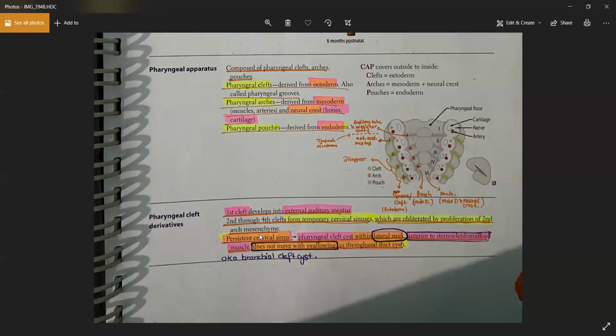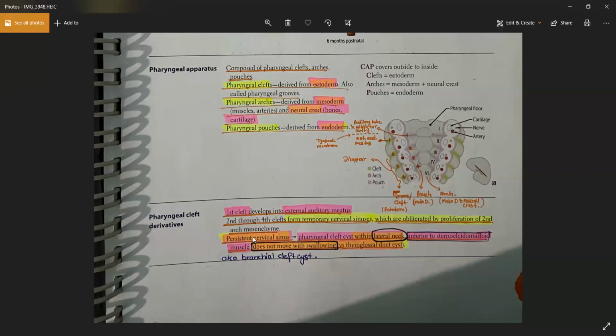No, these are different. Remember the thyroglossal duct, which is formed from which part on the tongue? The foramen cecum. So these are different things. The persistent cervical sinuses are different; these are the clefts, or sinuses, you can call them both. They will form the lateral cyst. Central cysts are different, formed by the thyroglossal duct, not the cervical sinuses.